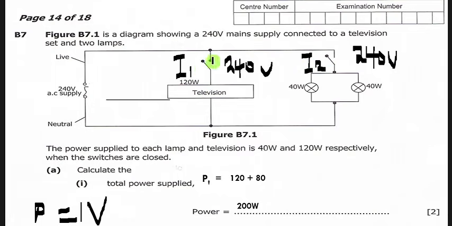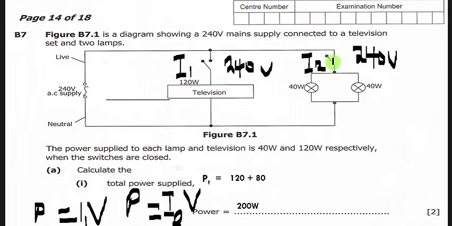So when current reaches a junction, it branches. Some current comes here, which we are calling current 1. Some current goes here, which is current 2. So they differ. Another power is going to be calculated as current 2 times the same voltage, 240, and it will give you another power.